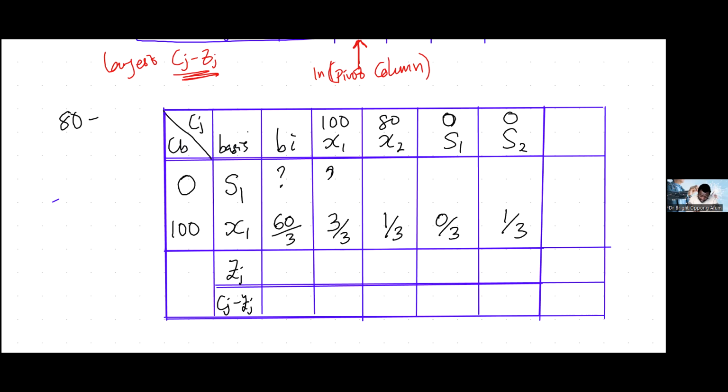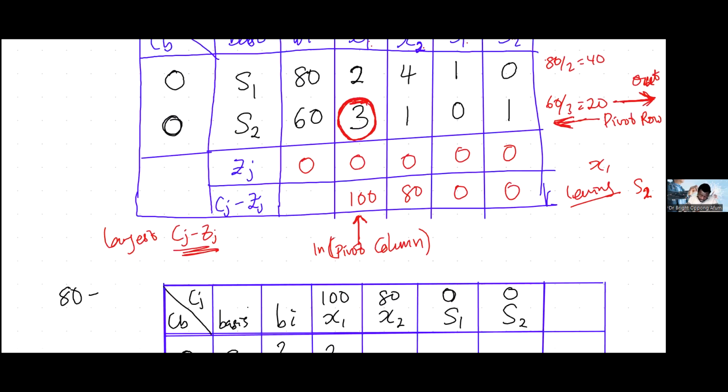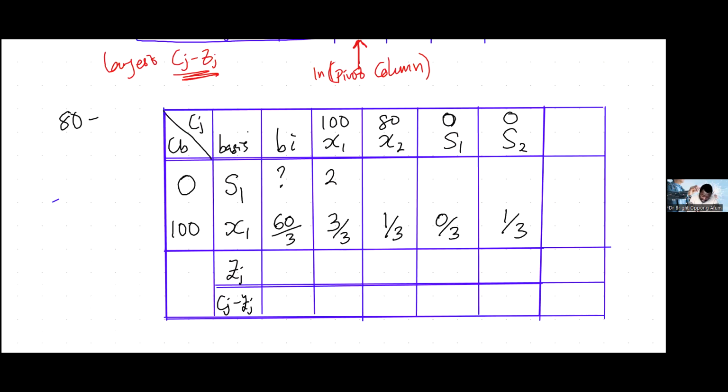The old number that was here was 2, and when we go up, we'll see that it was 2. So it's the old number minus, in brackets, the old times the new.